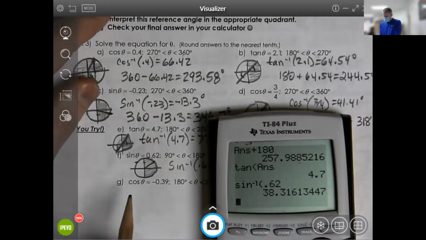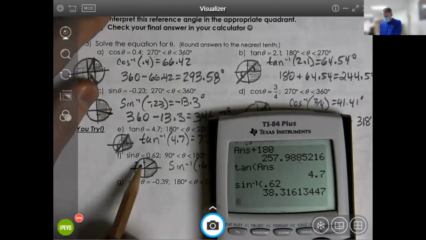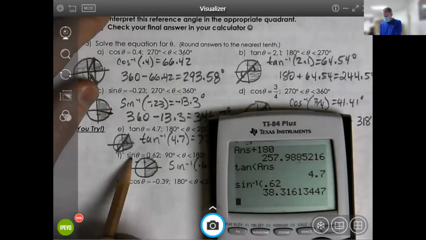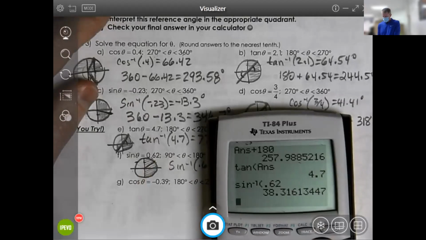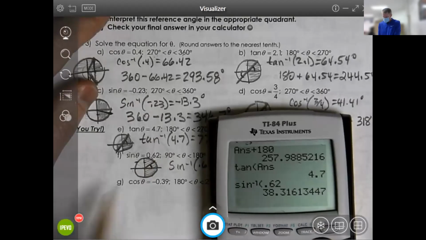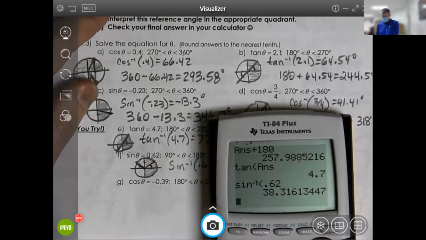But they're asking for an answer in the second quadrant between 90 and 180. That's another location where sine is a positive value, and it can be 0.62. So what we're going to do is this reference angle is our 38 degrees. We're going to use that reference angle here and subtract backwards from 180.